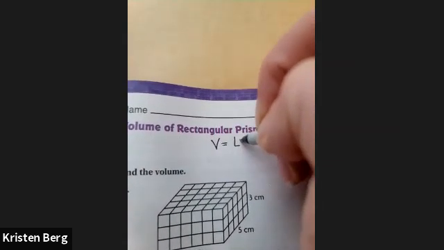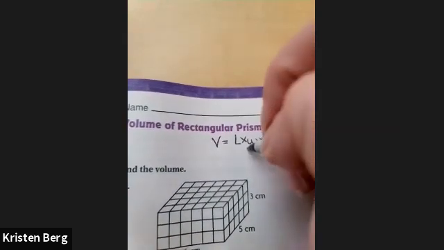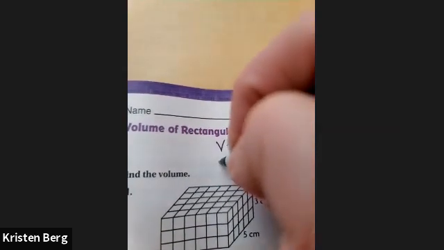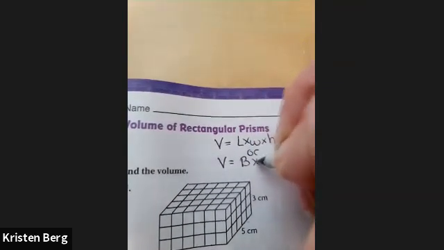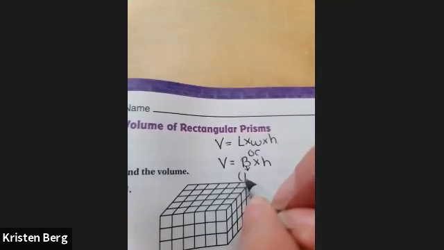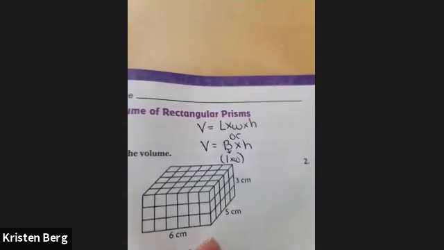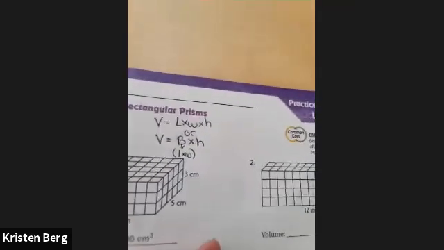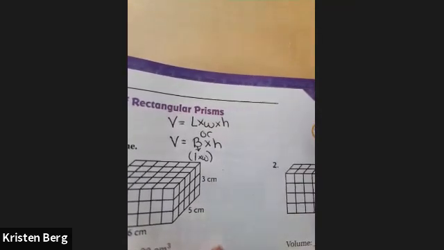You could use the length times width times height method, or you could also use big B times H. Now remember, your big B in this case will be your length times your width because you're only going to have a square or rectangle this year. Next year it's going to change, but this year this is what it is, length times width.